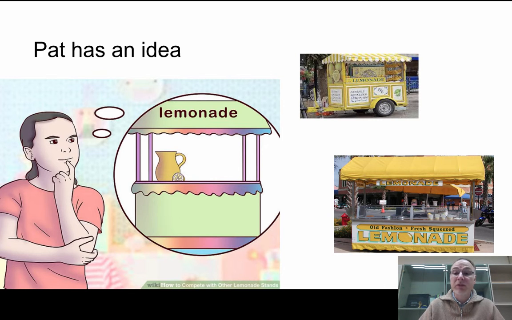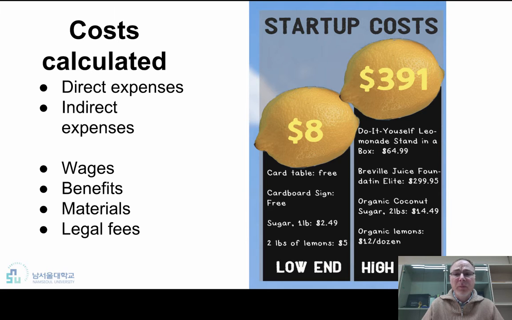He came up with several different ideas, from a mobile lemonade trailer to a more fixed lemonade stand that had a unique location and was permanent. Pat estimated the startup costs for the different options. He knew that he had to make some decisions up front before he could define the complete outcome, or the complete lemonade stand that he wanted.